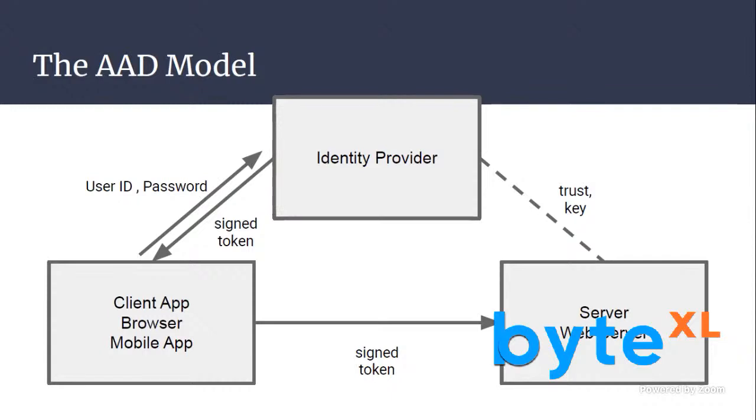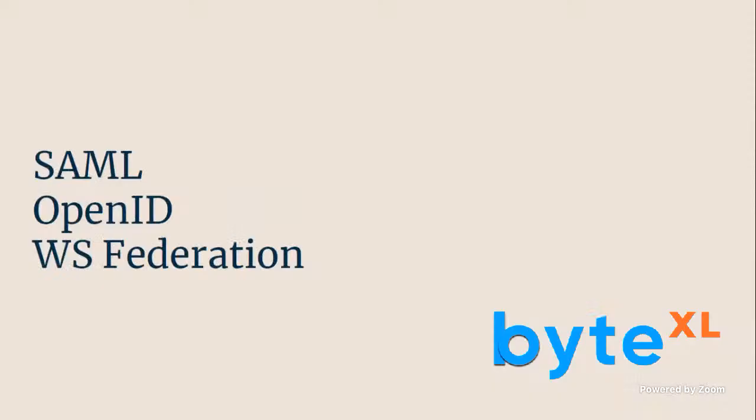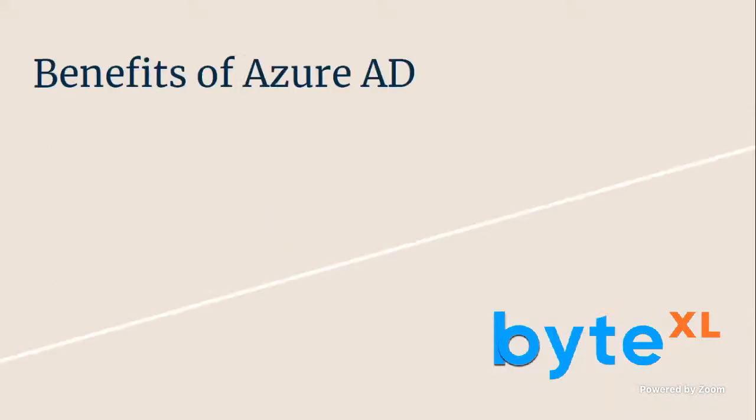So this is to connect the services between the cloud and the on-premises. Azure Active Directory Connect synchronizes your identities between on-premises Active Directory and Azure Active Directory. It synchronizes the changes between both. If any changes happen on either side, they will get synchronized. You can use features like single sign-on, multi-factor authentication, self-service password reset under this one. SAML, OpenID, WS federation, and these are benefits that we have discussed.